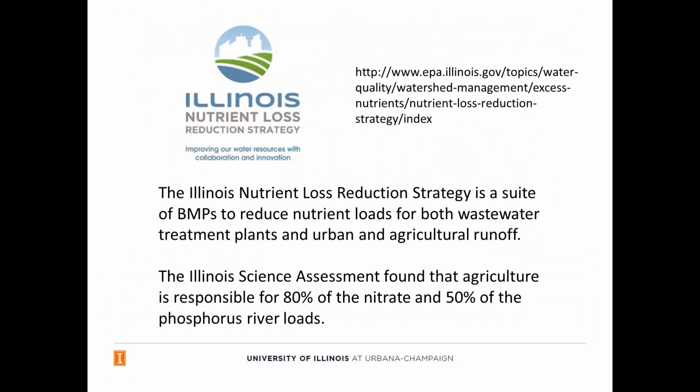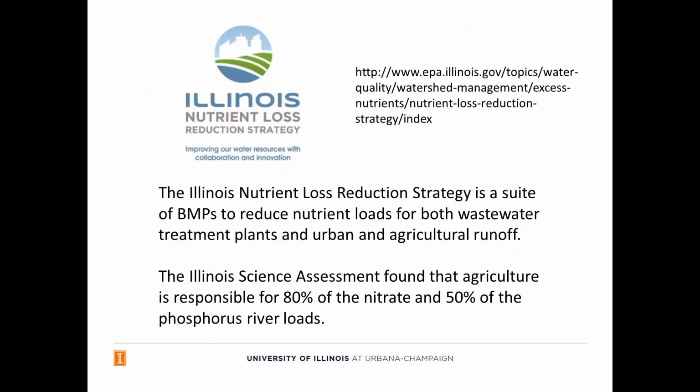And there was a science assessment that each state did, and in our state that was led by my old boss, Dr. Mark David, who retired 2 years ago, but his last act was to lead this science assessment, and he found, or this group found, that agriculture, or the non-point sources, contributors, suggest that 80% of the nitrate is from agriculture and 50% of the phosphorus is from agriculture.